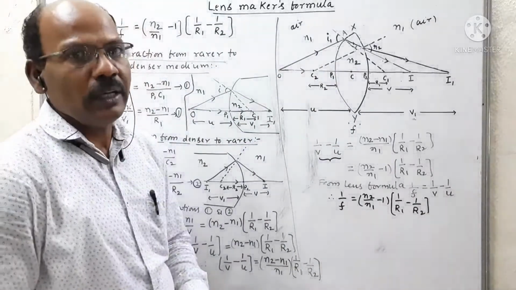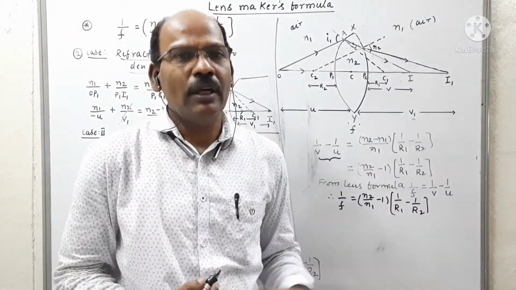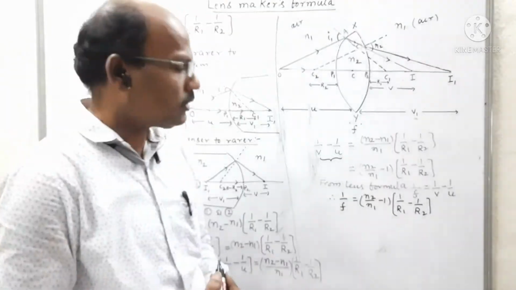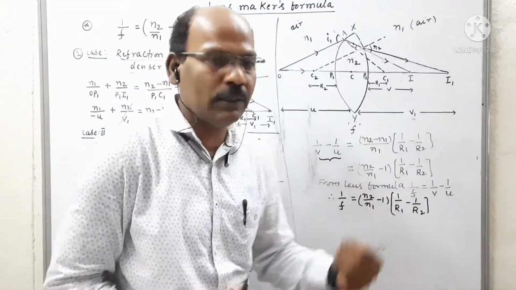So what is N2 by N1? When light travels from rarer to denser, the refractive index of the second medium with respect to the first medium is called the relative refractive index of the second medium with respect to the first one.